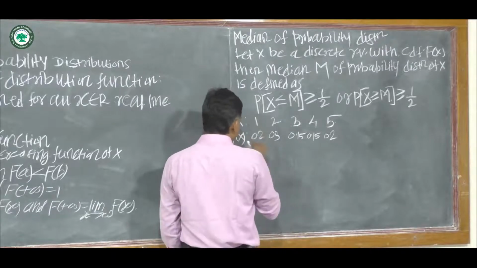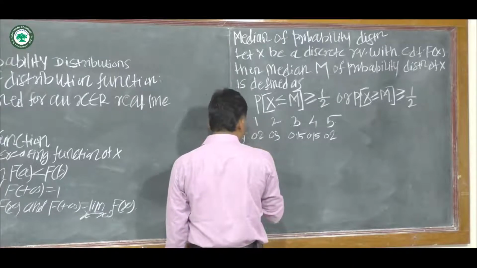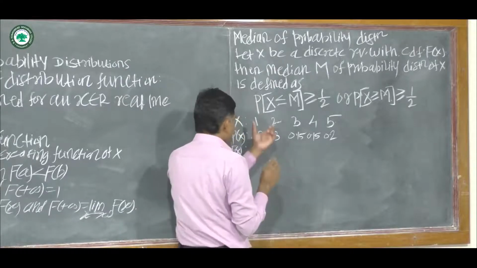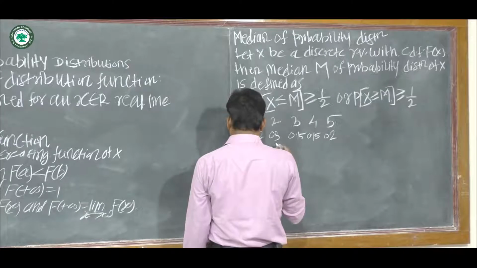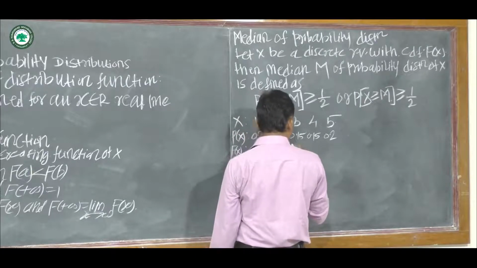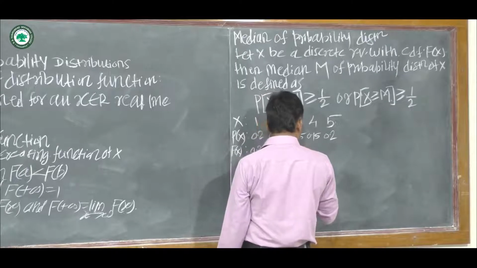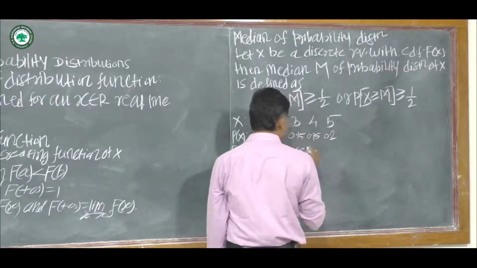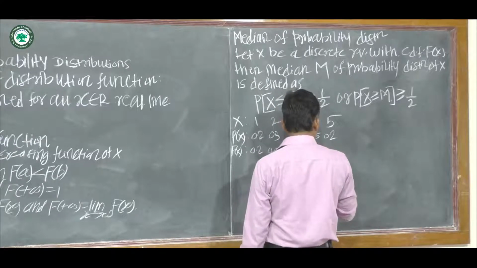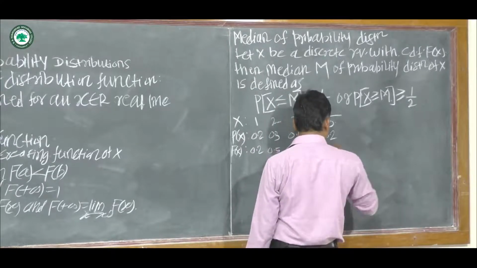At x equal to 1, p of x is 0.2, therefore capital F of x is 0.2. At x equal to 2, the CDF is 0.5, then 0.65, then 0.8 and 1.